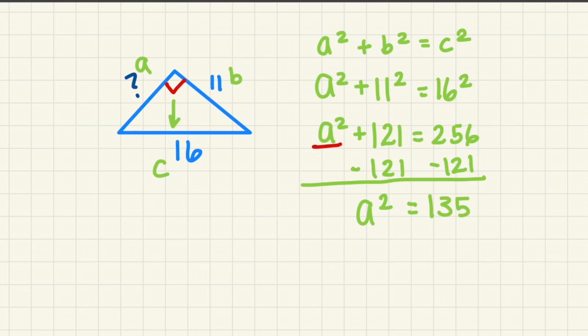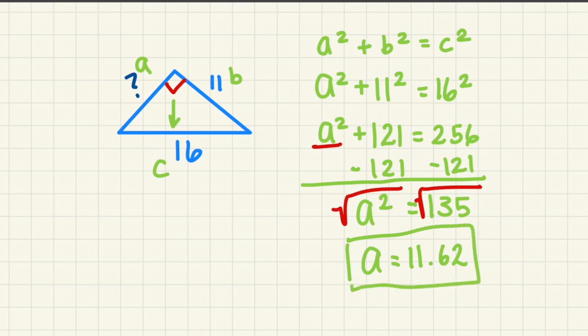Now my next step, just like I did before, I take the square root of both sides because I want to get a by itself. The square root of a squared is a, and the square root of 135 is 11.62. So my missing side, my missing leg, is 11.62 units.